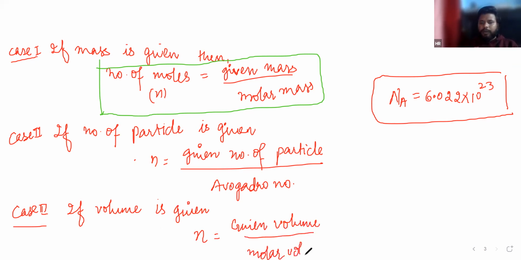The molar volume is 22.4 liter, or you can write it 22.7 liter. In many books it is written as 22.4 liter or 22.7 liter, whatever you want to use. I can also write it in short form like N upon Na.